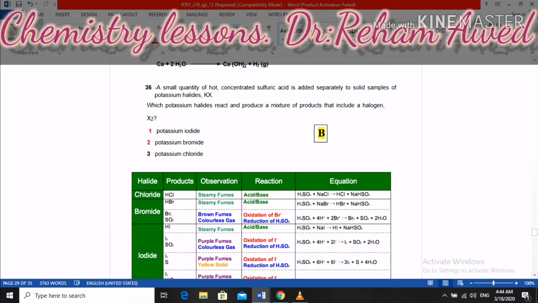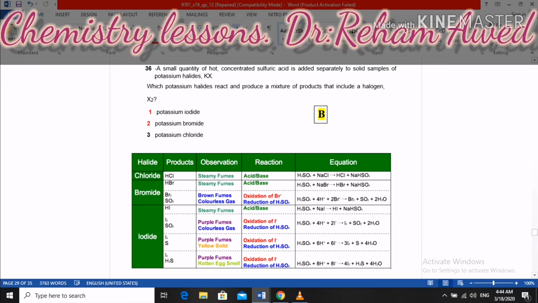With bromide, steamy fumes, then we have brown fumes from bromine gas. With iodide, we have steamy fumes, bubble fumes, and then purple fumes of iodine, in three steps, because sulfuric acid is a very strong oxidizing agent and iodide is weak. So its compound will react in different steps.